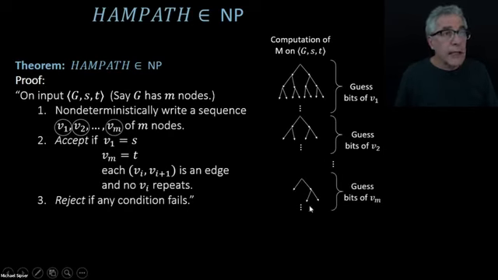Then it's going to finally get to the last node, VM. It's going to write down lots of choices for VM. And at this point we have completed the first stage of the algorithm. Now there's some huge tree of all of the possible choices for the V's. And now we're going to move into the second phase.